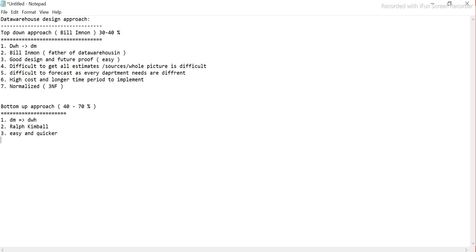It is quicker to develop or build, easy to estimate, and the success rate is high for data marts, which means for the bottom up approach the success rate is high.